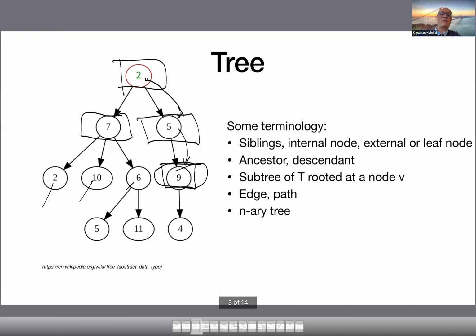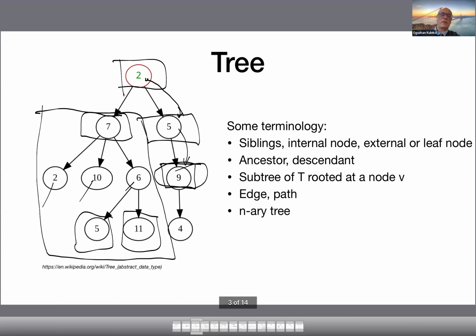All of these have 7 as their ancestor, right? Similarly, 5 and 11. So these all have this node 7 as their ancestor. In other words, if you would like to find the descendants of a node, you may just assume a subtree from that node and consider all the items in this subtree.